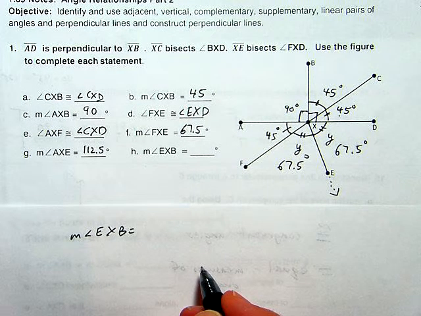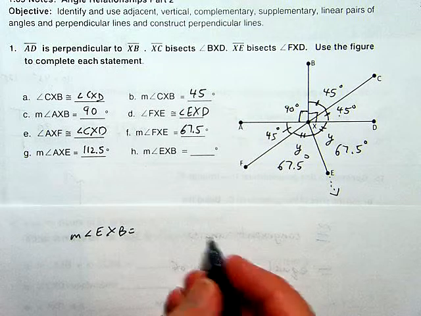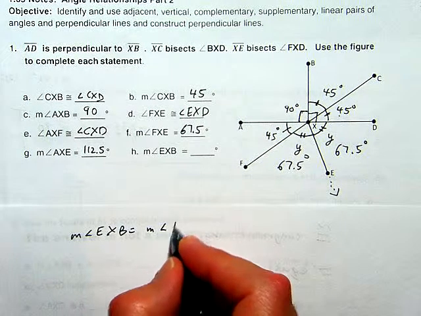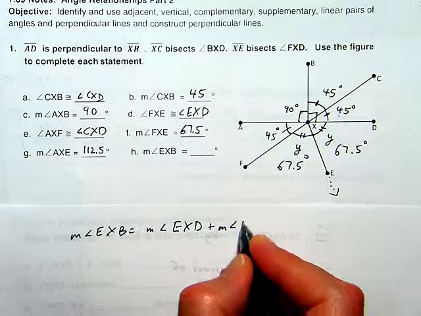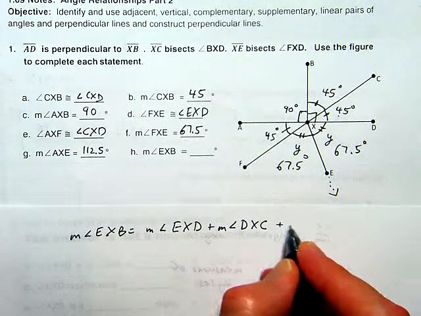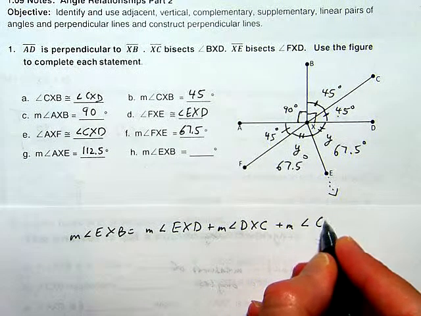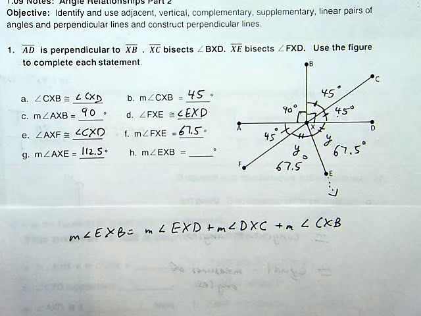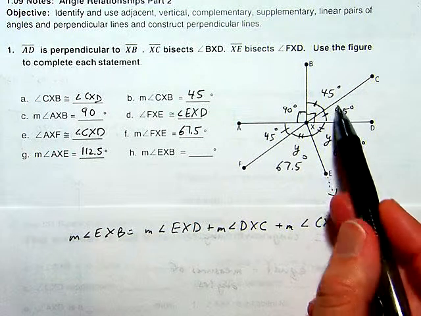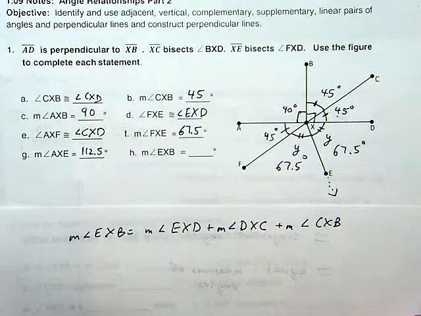It's equal to the measure of angle EXD plus the measure of angle DXC plus the measure of angle CXB. So we've got three angles adding together to give us EXB.